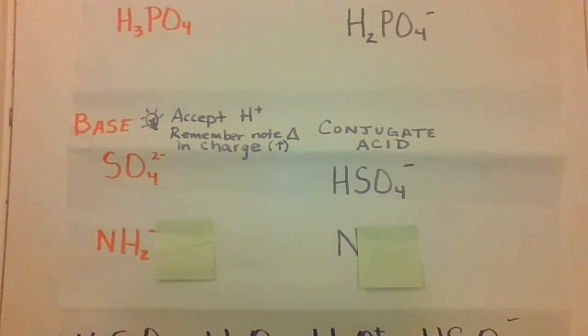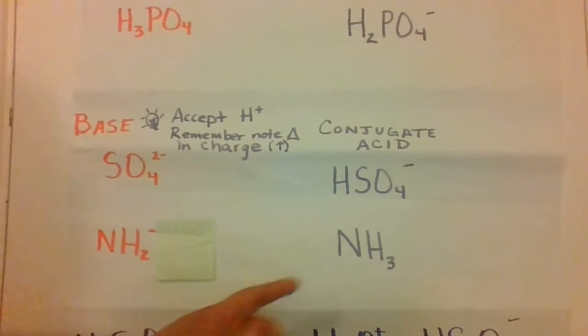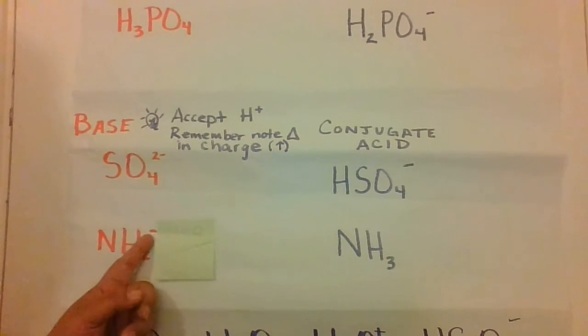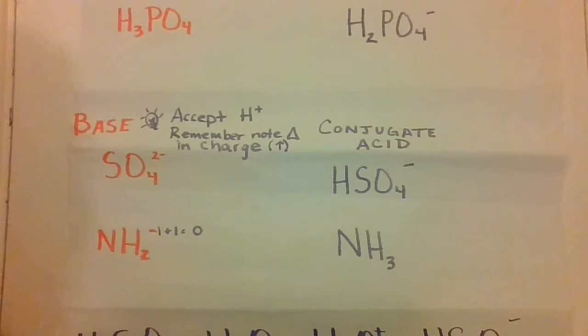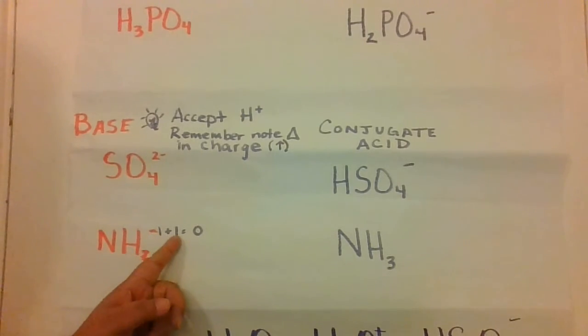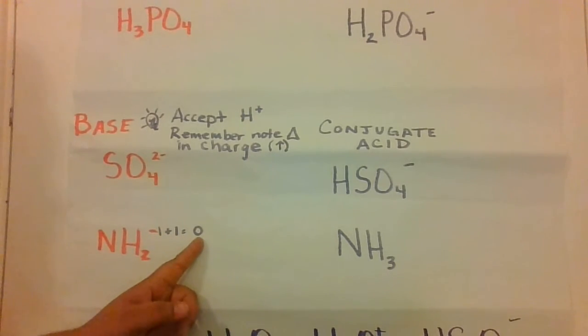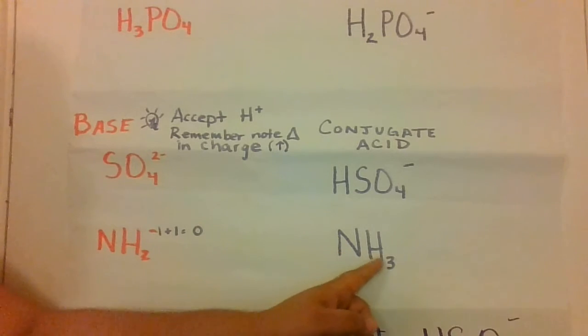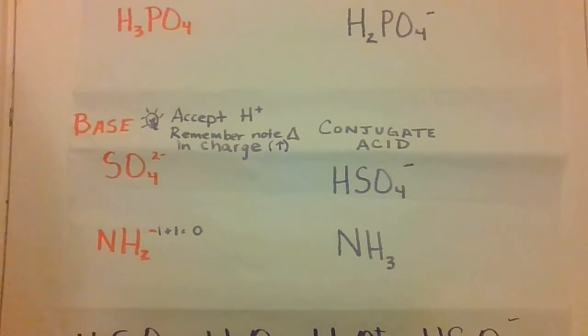We still have that same nitrogen in the beginning, but we now have H3 with a neutral charge because we started off negative, and if we add one, just as if a bank account is negative by 1, if we add 1 to it, it then takes it to 0. So this NH3 now has a neutral charge.